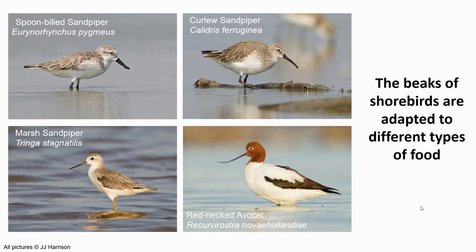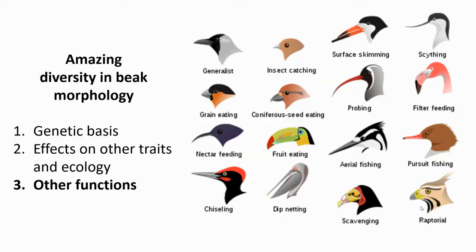The spoon-billed sandpiper has a small spoon at the end of its bill. The curlew sandpiper has a beak that curves downwards, while the beak of the avocet curves upwards. And the marsh sandpiper has a long, pointed beak. So each species is adapted to a certain type of food, allowing them to forage side by side. So there is clearly a link between diet and beak morphology.